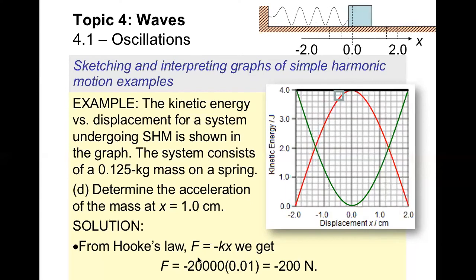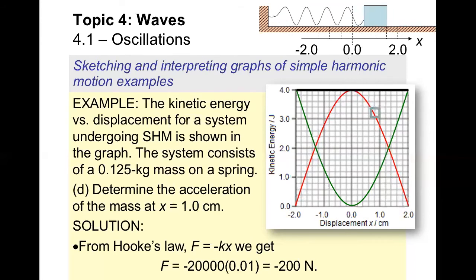You notice that x is positive. Remember that the force is directly proportional to the negative of displacement. So if the mass is here, that means that the restoring force is to the left. That means that it's negative because it wants to go to the equilibrium position.